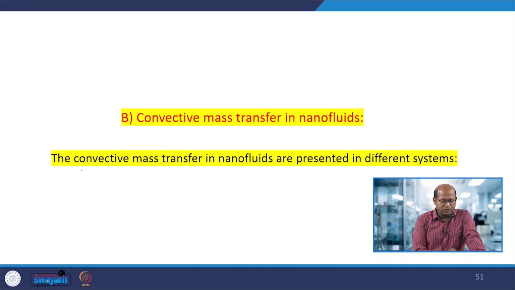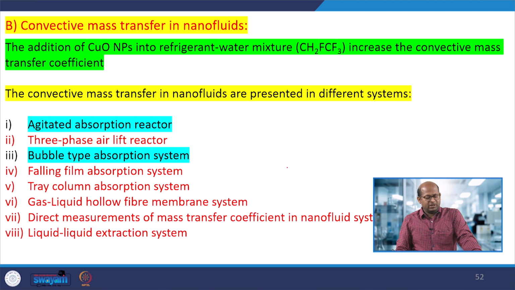Okay. So apart from that, various types of mass transfer equipment are available for convective mass transfer, which would increase or be enhanced by using nanofluids. So here you can see different types of systems for convective mass transfer using nanofluids.